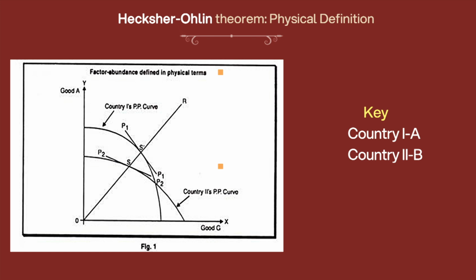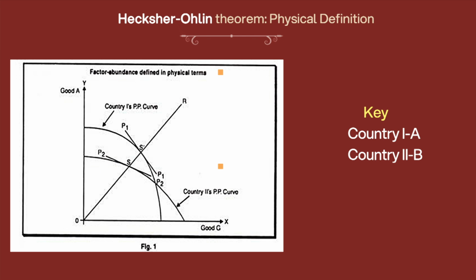Looking at this diagram, it is evident that country A is capital abundant and country B is labor abundant. This is following our definition. Now we are assuming that we do not know where the production equilibrium will lie for the two countries. Let the two countries produce in the same proportion.